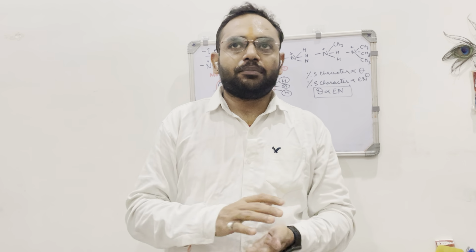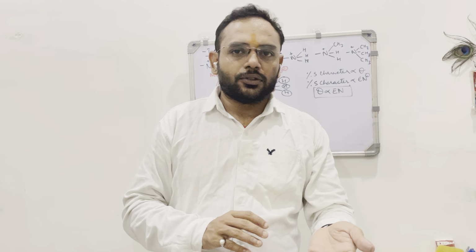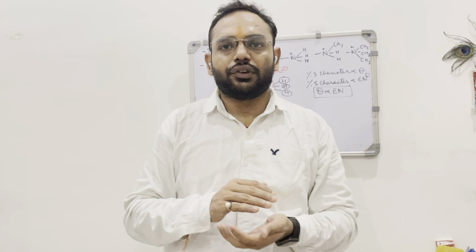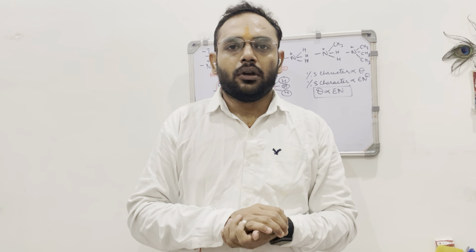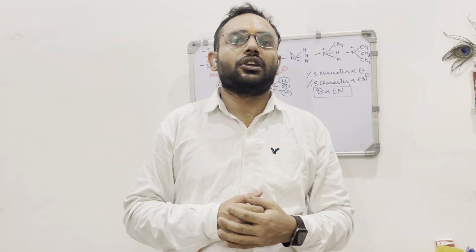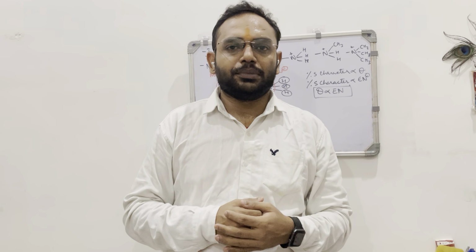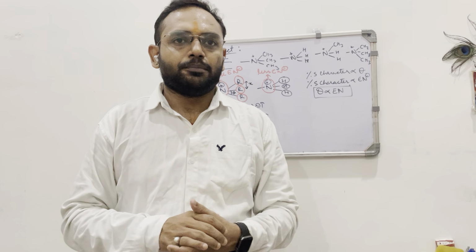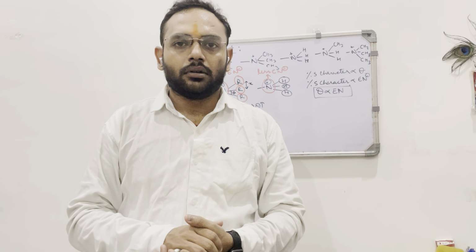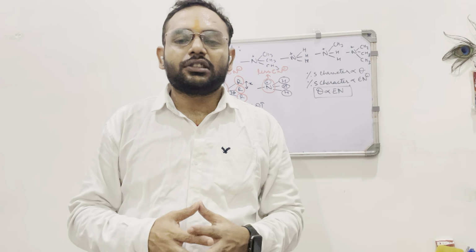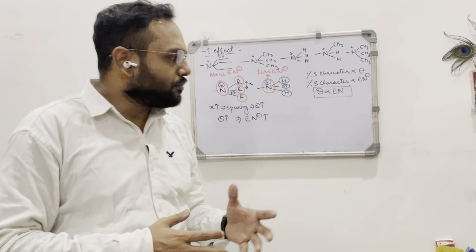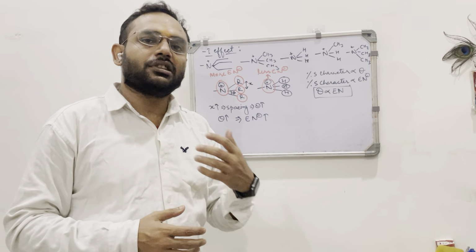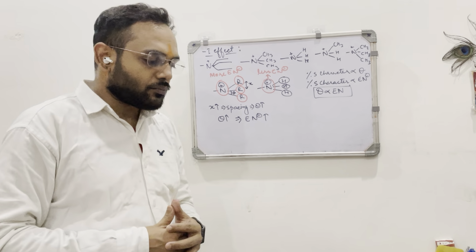Like in case of PCl3, the electronegativity of phosphorus is not equal to the electronegativity of phosphorus in PCl5, or I can say the electronegativity of phosphorus in PCl5 is not equal to the electronegativity of phosphorus in PF2Cl3, because the surrounding atoms are changing, and I can certainly say from this concept that the electronegativity of the central atom will also change.